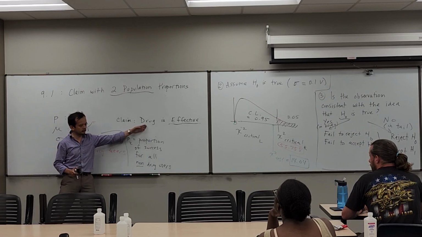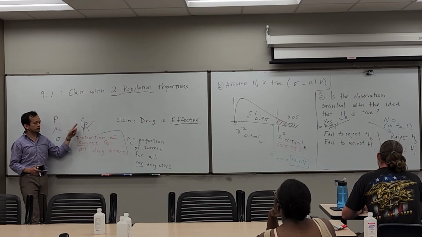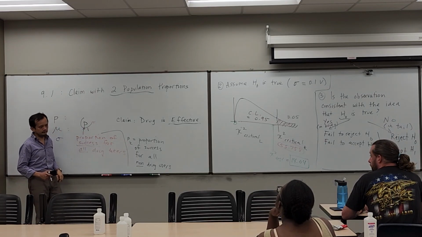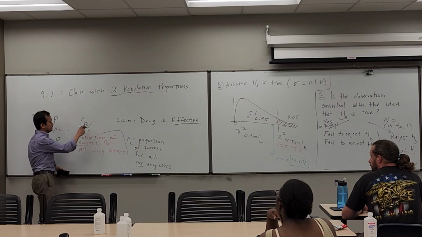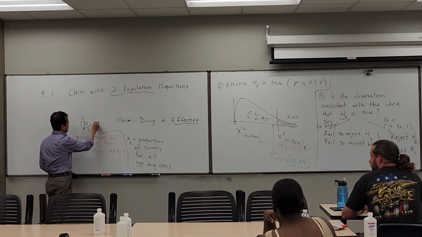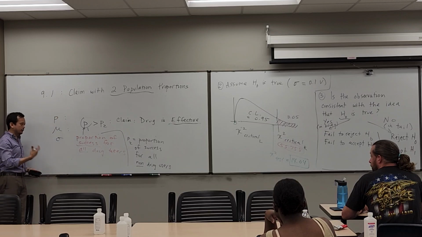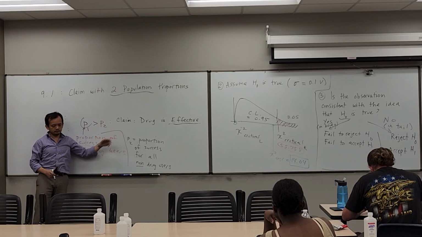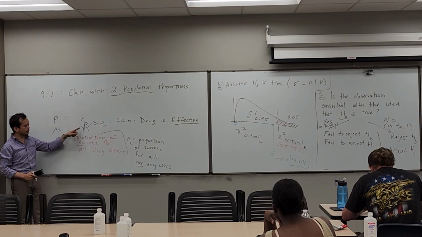So if the drug is actually effective, then what should the relationship be between these two? P1 is greater than P2. Yeah, P1 should be greater than P2. So now we can use these two populations in our claim, instead of just one population.